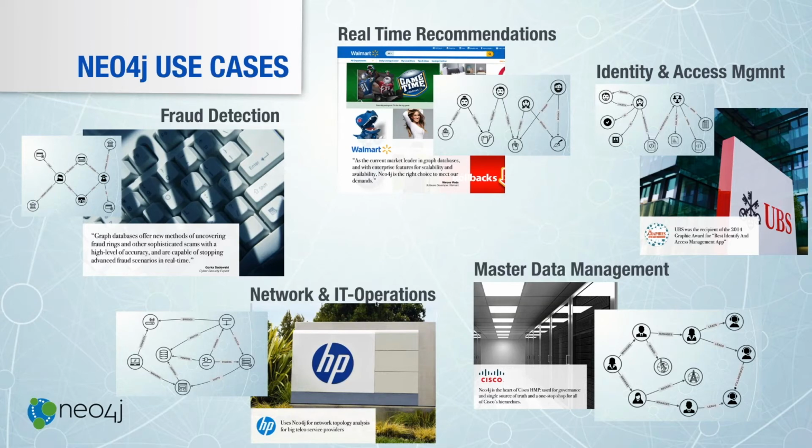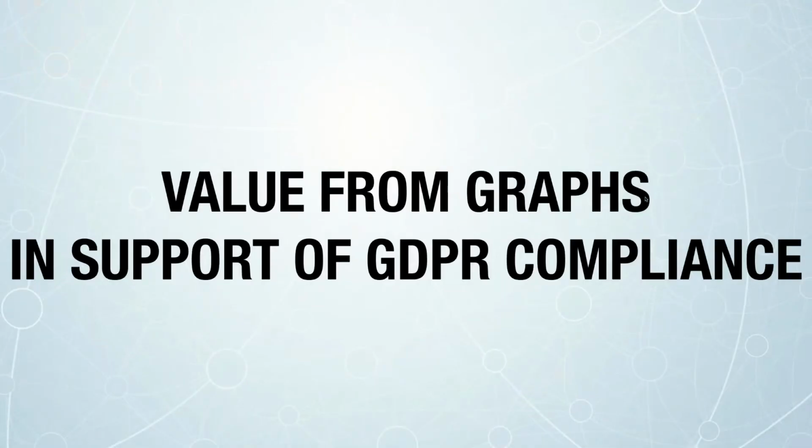Network and IT operations: well, networks are by definition a set of connected entities, so we model them as a graph and then explore them to analyze dependencies and derive, for example, things like impact analysis or root cause analysis. That is something we see Neo4j being used for. Identity and access management is another interesting one.